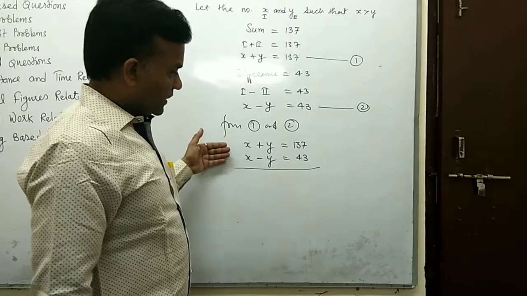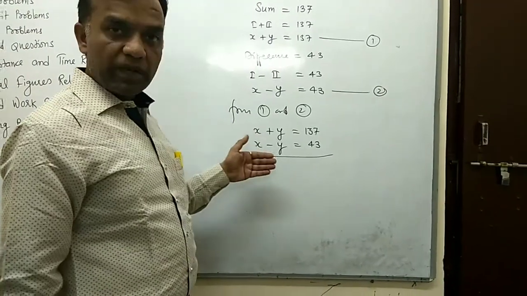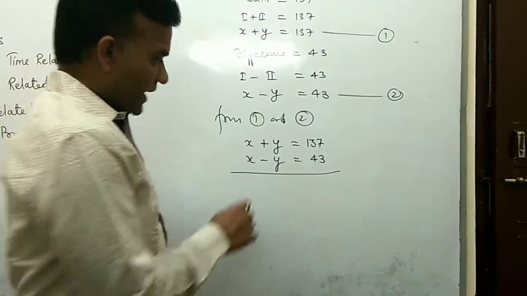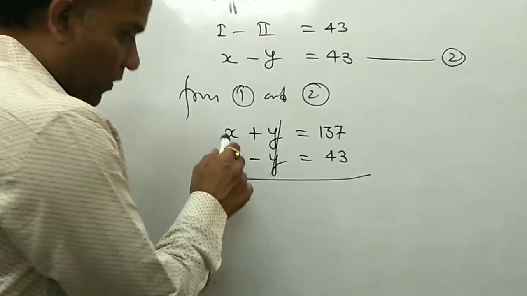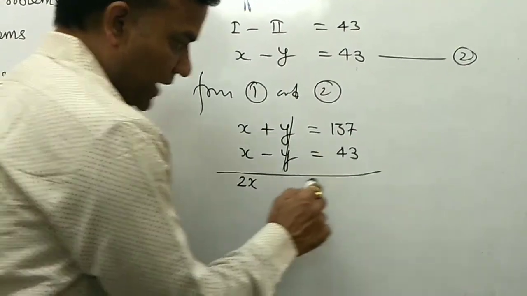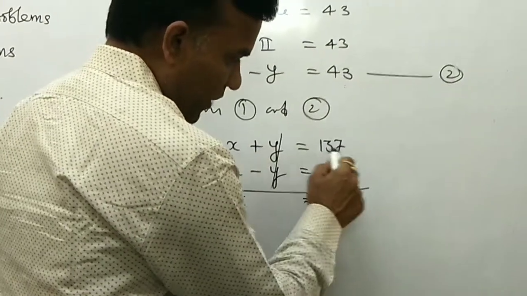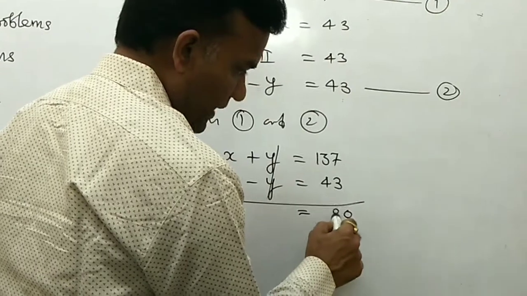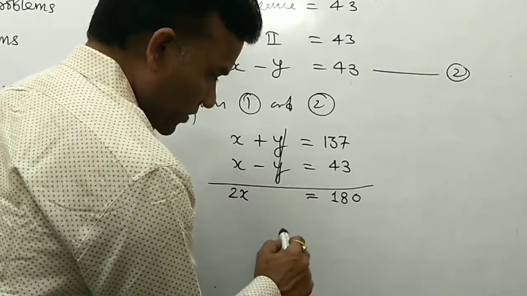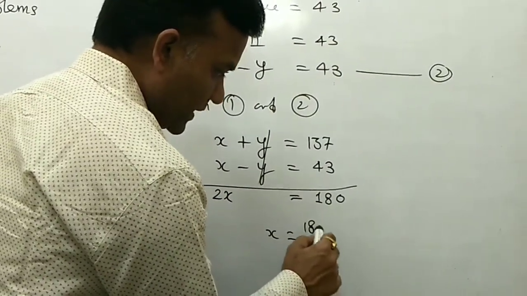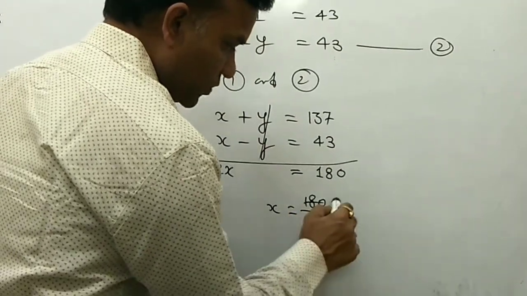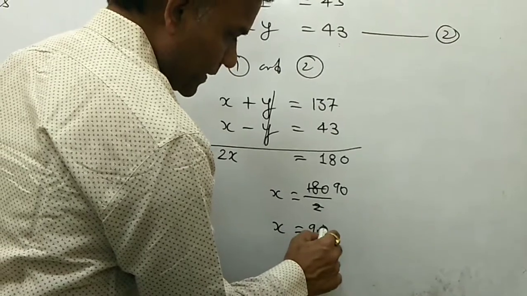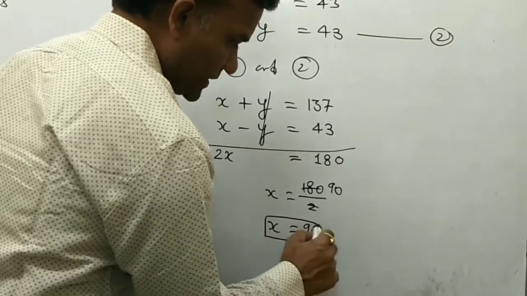Here the elimination method is very easy, because y has opposite signs, so y is eliminated. Now x plus x gives 2x, and 137 plus 43 is 180. So x equals 180 upon 2, which is 90. So the first number is 90.